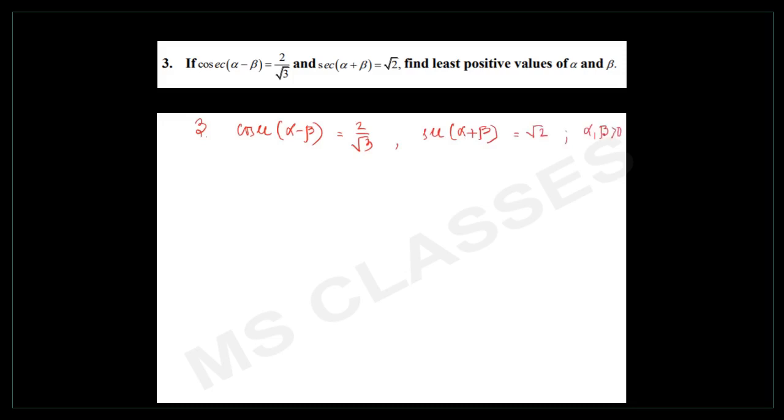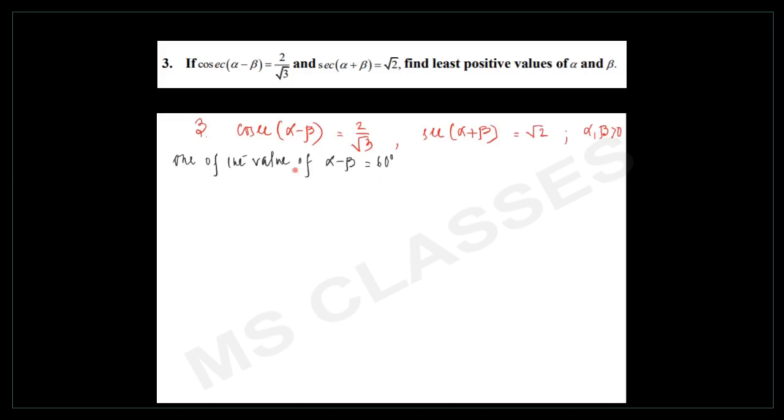Now at first we come to cosec of alpha minus beta. One of the values of alpha minus beta should be equal to 60, because cosec theta equal to 2 by root 3 means theta equal to 60 degree, one of the values.